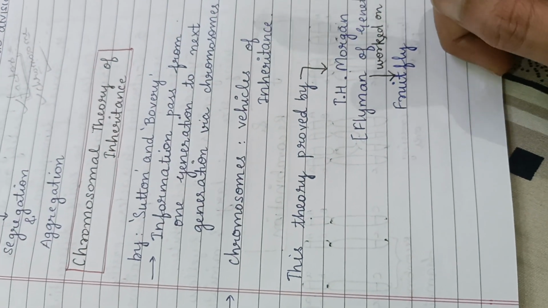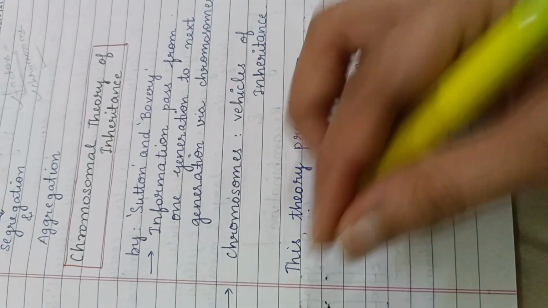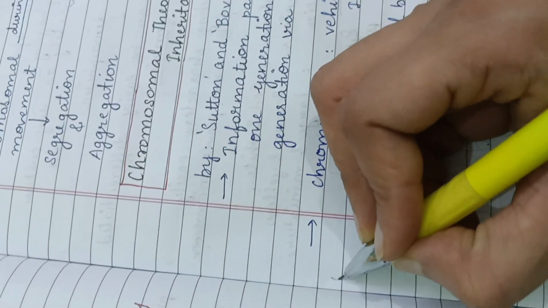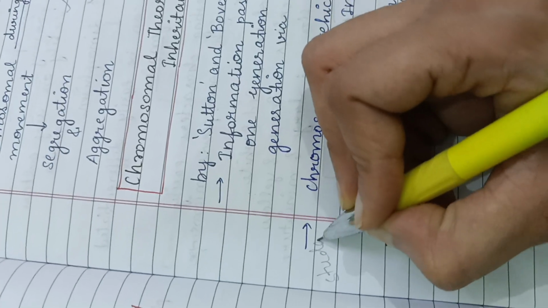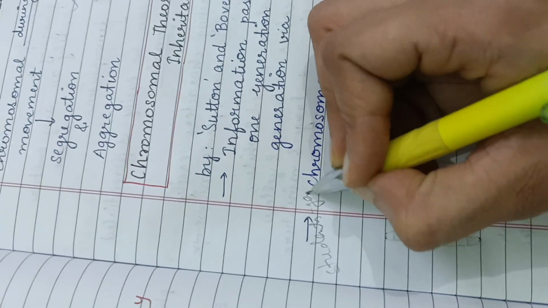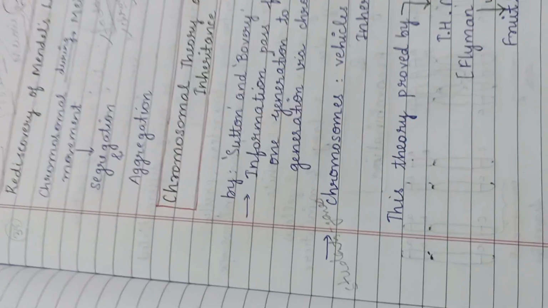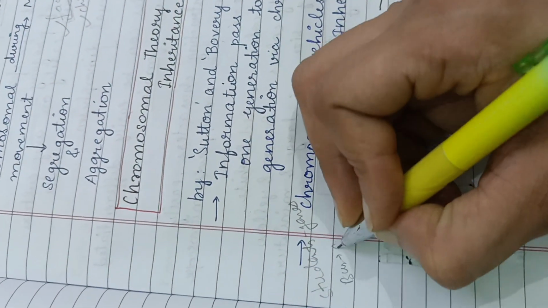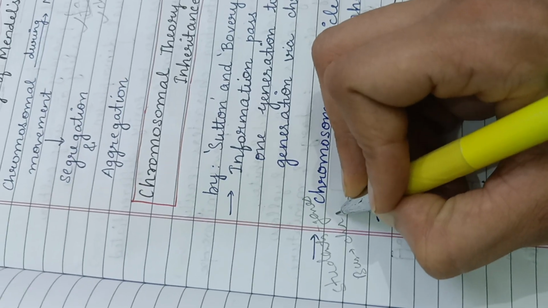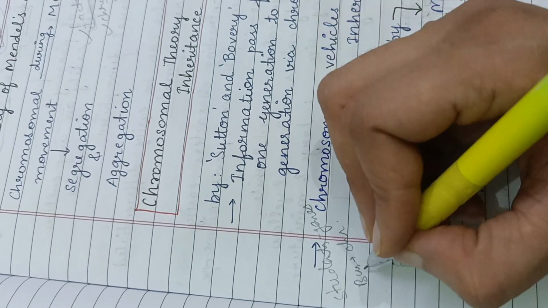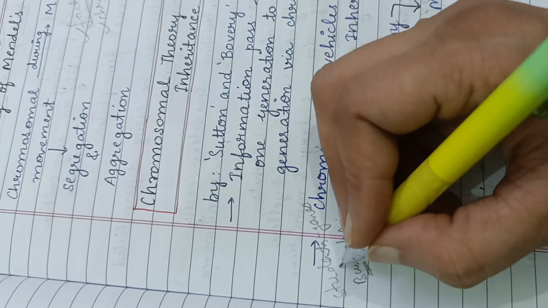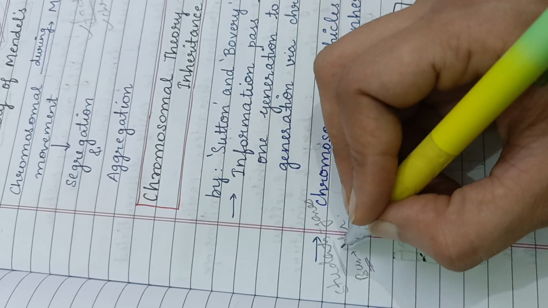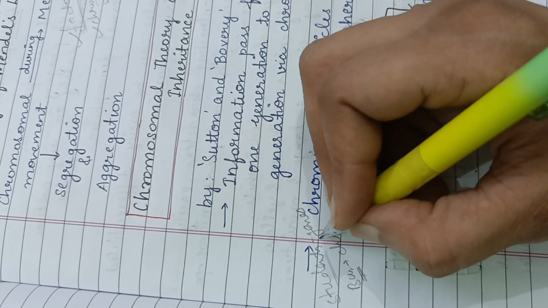Think of a school bus. If we are taking an example of a school bus, students are genes. The bus is the chromosome. Without the bus, students cannot reach the school.